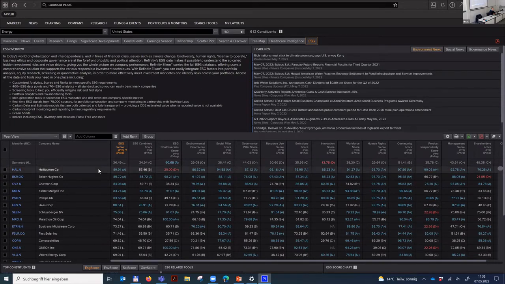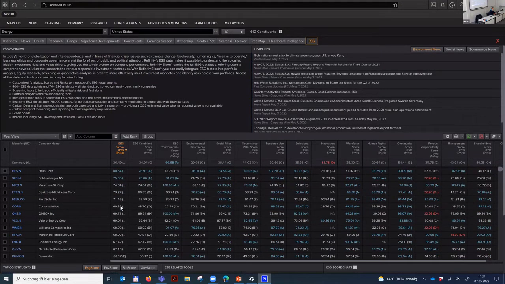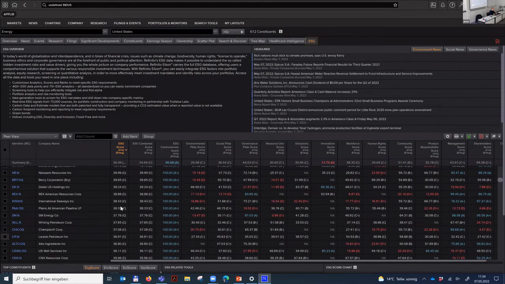What you see down here is finally all the companies operating within this industry, the energy industry. You see their overall ESG score calculated based upon the different scores provided by Refinitiv.